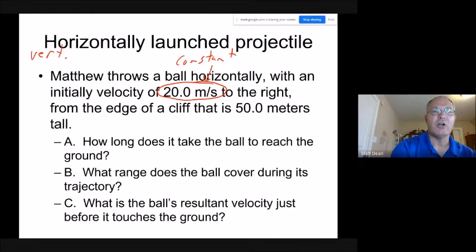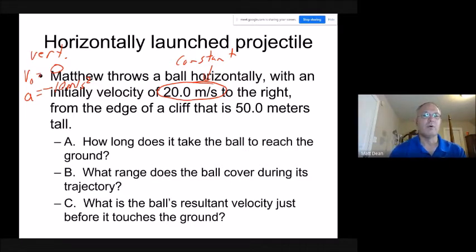since this thing is shot horizontally, the initial vertical velocity is 0. And as soon as that thing leaves the person's arm, it starts to accelerate because gravity is accelerating it. And it's accelerating at the acceleration due to gravity, which is -10 meters per second squared.